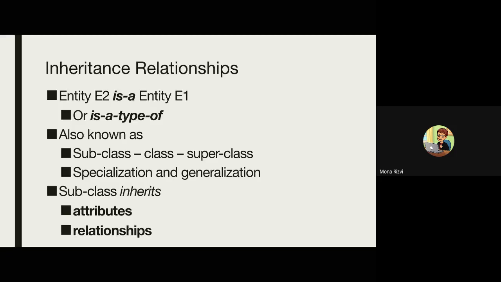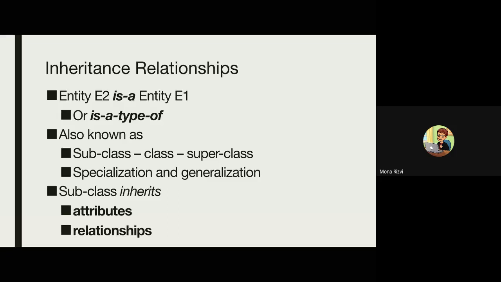So specialization is when you have an entity or a class, and you realize that it can be broken into subclasses. Generalization is the opposite. You've kind of done your design and you have many entities, and then you realize that they're all kind of related. They're all variations of one another. So that's called generalization.